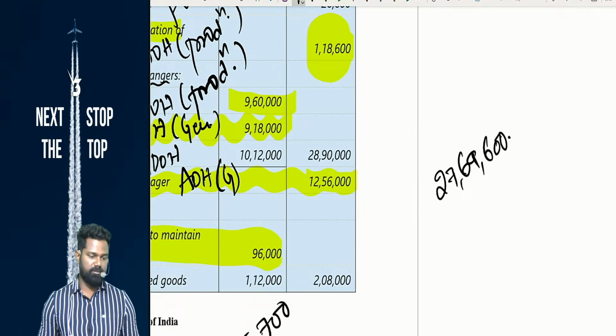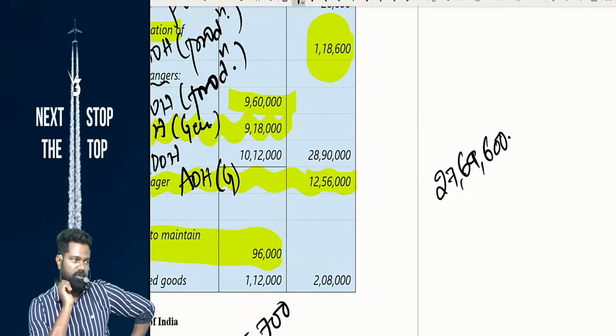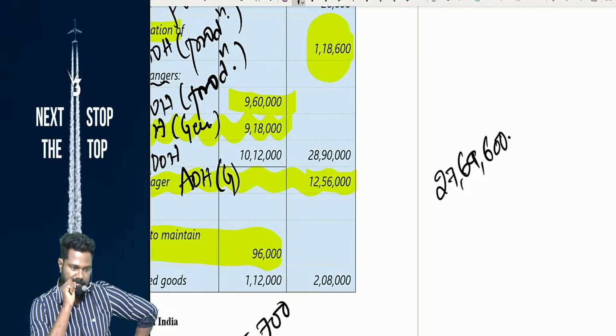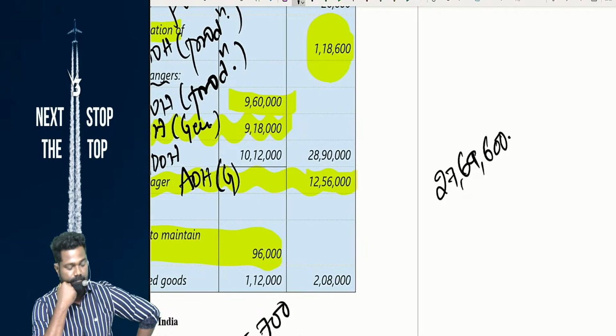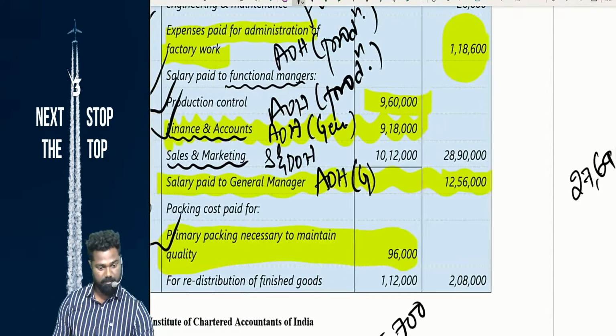Tell me how much is the total? AOH general total. How much is coming? 35 lakhs.